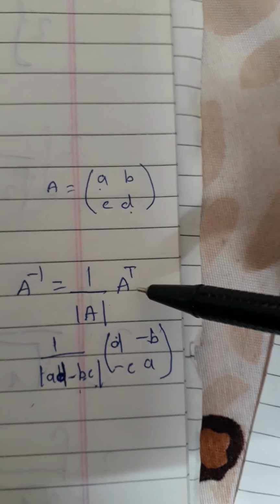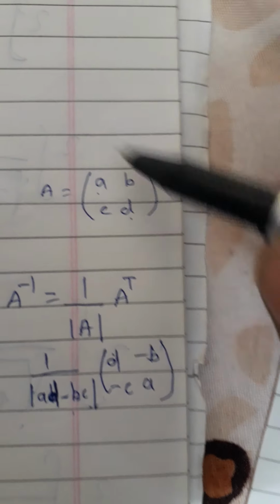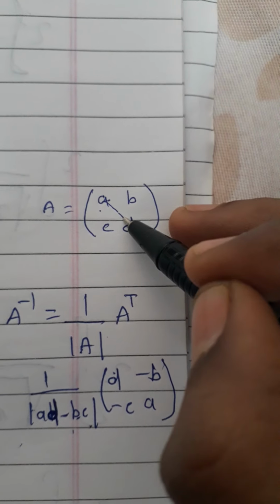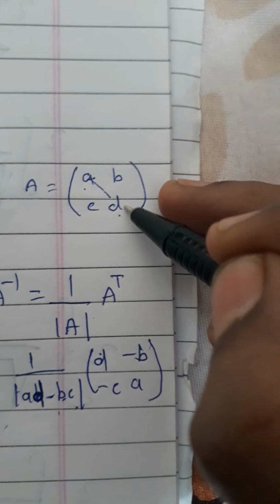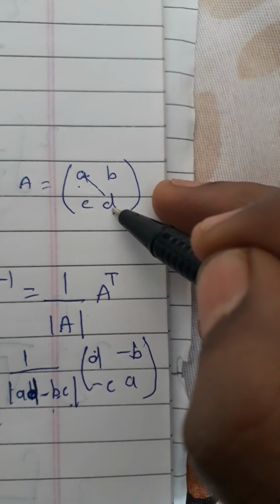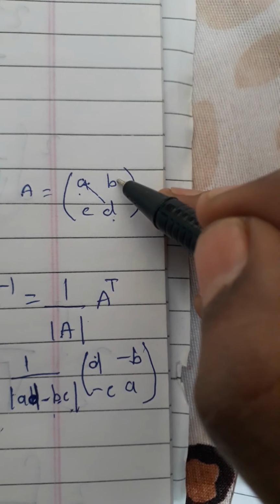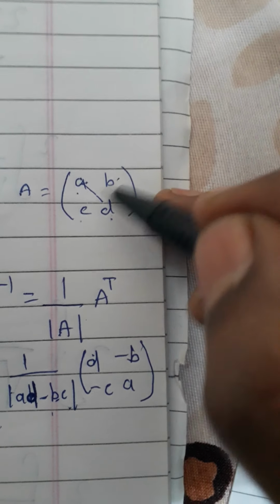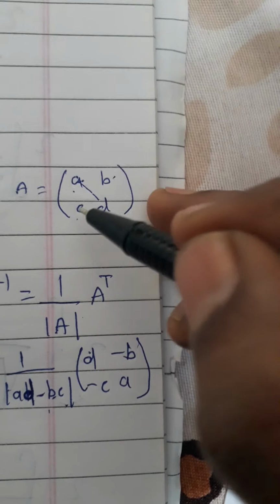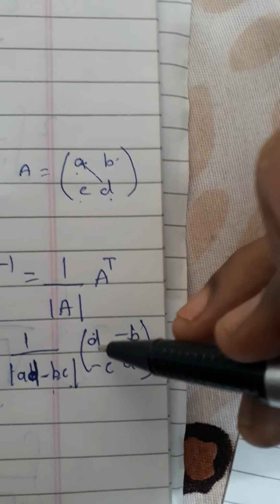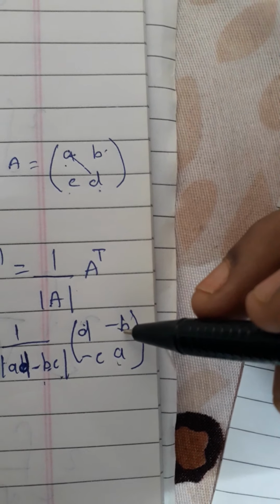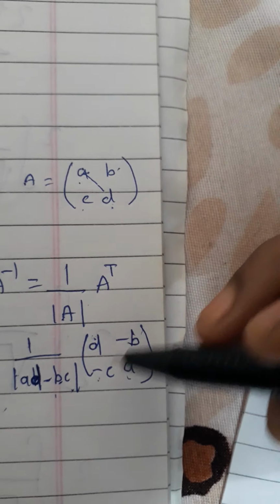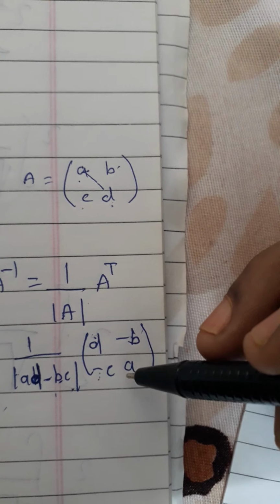Next, A transpose. How to find the A transpose? You have to shift these positions. D will come here, A will come here, and then you need to change the symbol for this and this. Here it is positive, you need to change it to negative, minus B and then minus C. So A and D are swapped, and we have changed the sign for B and C. This is how we find the A transpose.